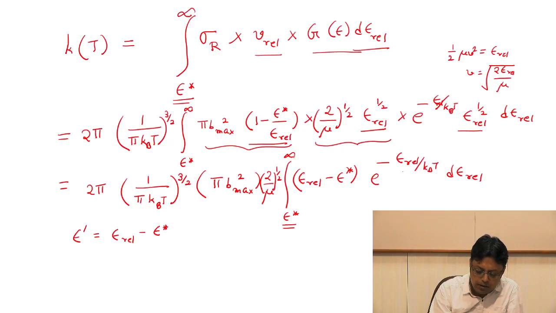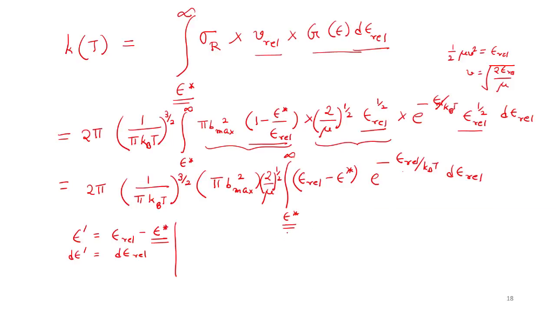Then d epsilon prime is nothing but d epsilon relative. Why? Because epsilon star is a constant, a particular fixed energy above which this reaction is happening. So I can rewrite only this integral part.